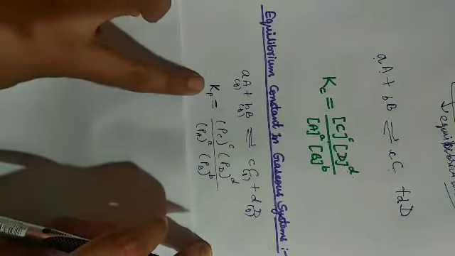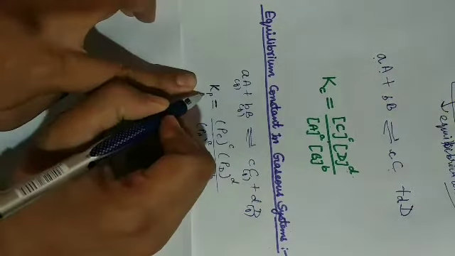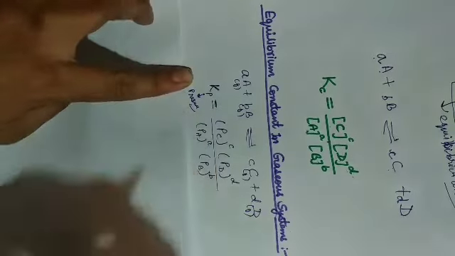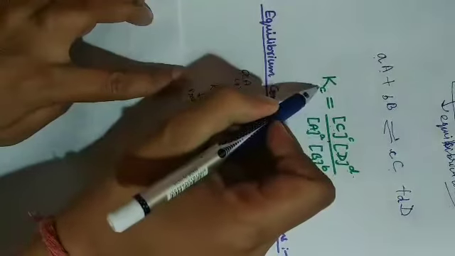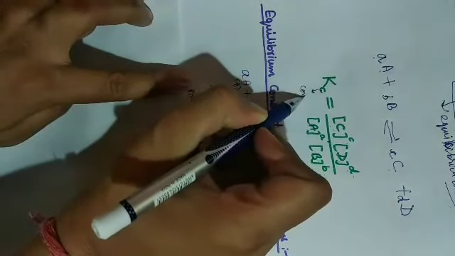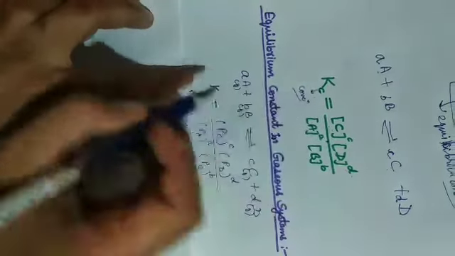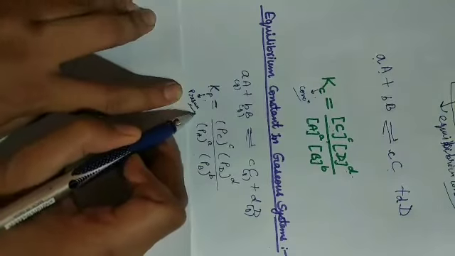Here the equilibrium constant is written as Kp, where P stands for pressure of the gaseous system, and wherever we use the concentration term, C stands for concentration. The equilibrium constant in terms of concentration is Kc, and in terms of partial pressure is Kp.